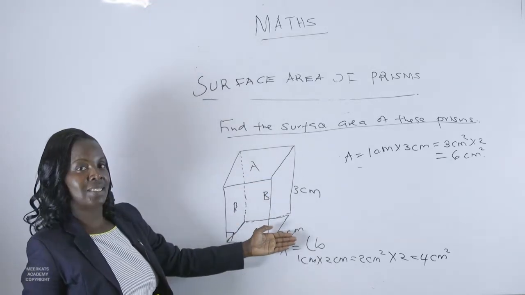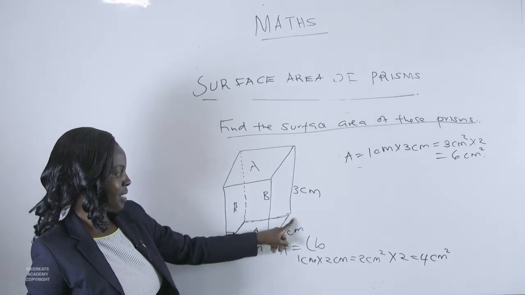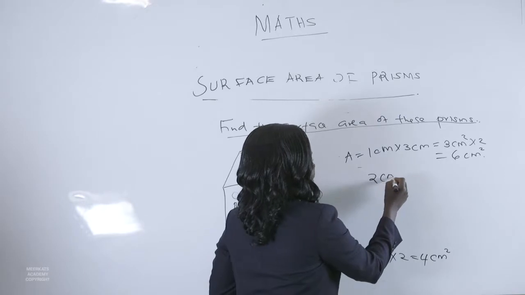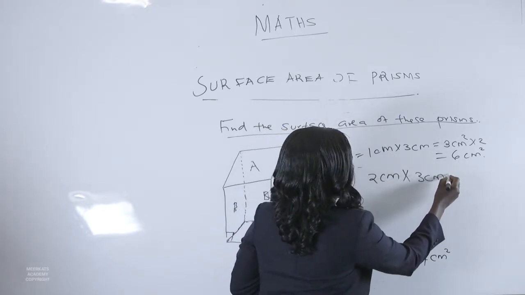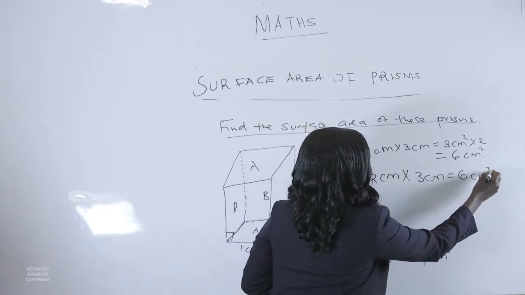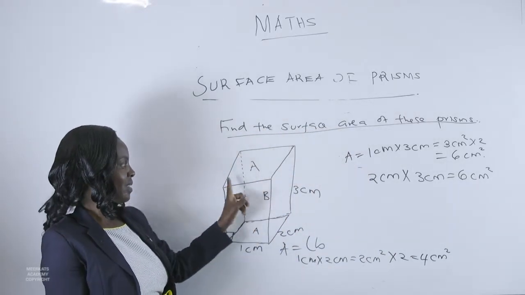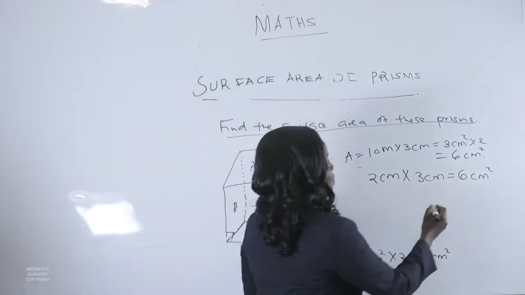We have this other face that is measuring 2 centimeters by 3 centimeters. What is the area? Again, because it has 2 identical faces, this one and this one, we multiply by 2.